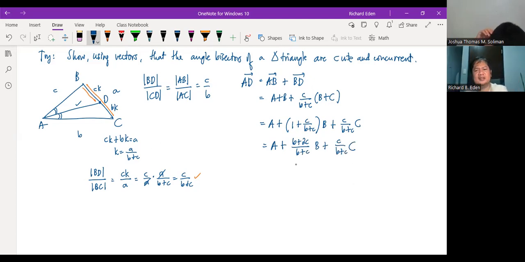Parang pangit kasi I would expect na symmetric siya kasi I would imagine that the coefficients of B and C should not be too different in appearance.